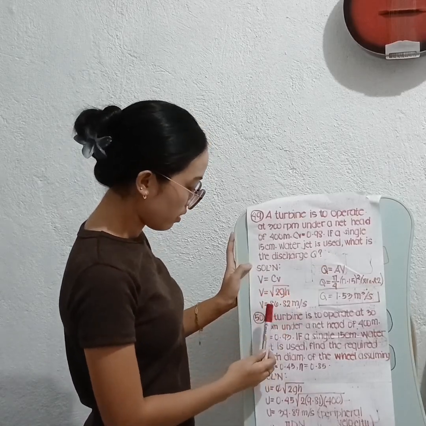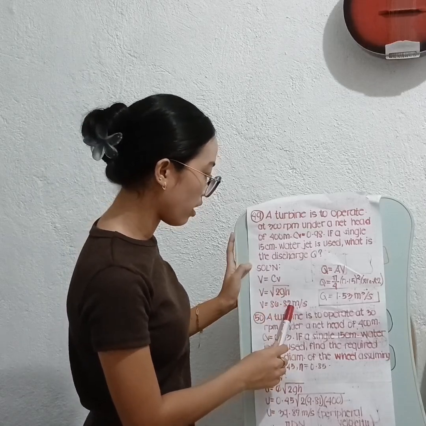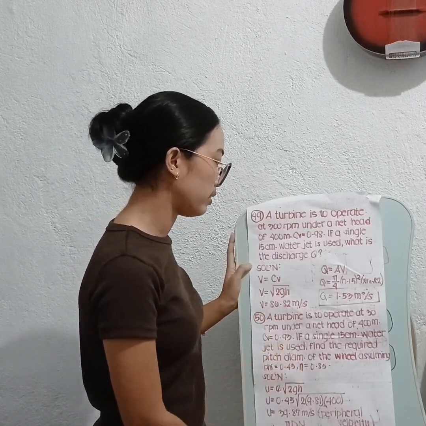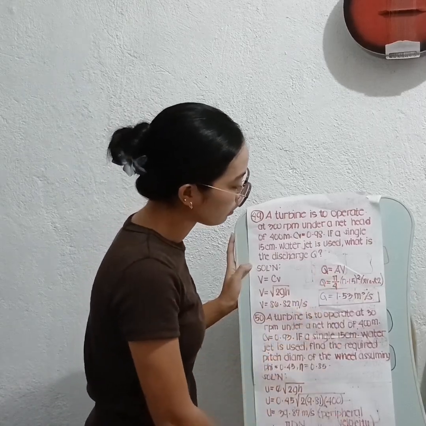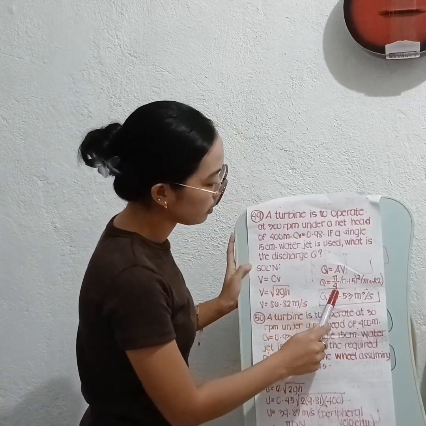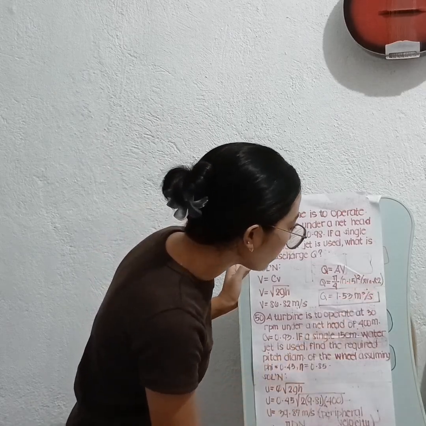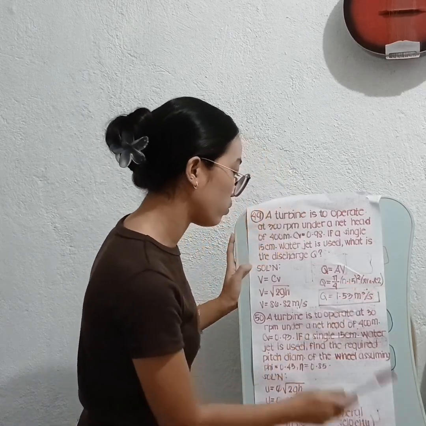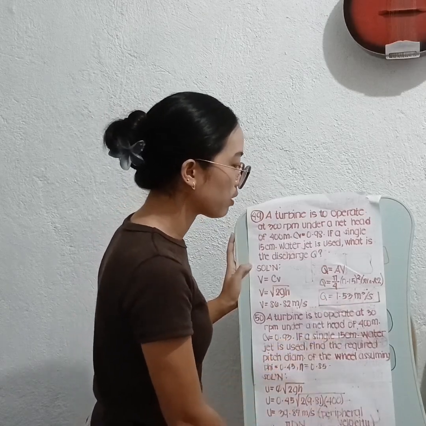So we have velocity is equals to 86.82 meter per second. Discharge is equals to AV. We have Q is equals to pi over 4 times 0.15 squared times 86.82. So we have a discharge is equals to 1.53 cubic meter per second.